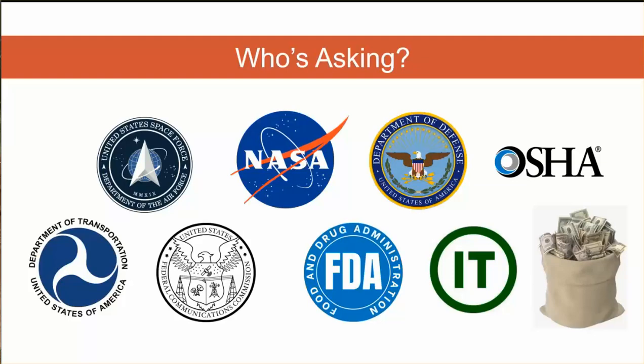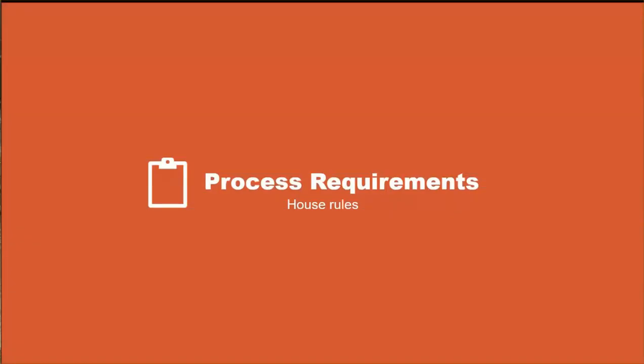Thanks, Steve. So depending on who's asking, you now have to come up with a bunch of process and be able to build requirements. My house, my rules. And so if you're developing code in someone else's house, you got to follow their rules.